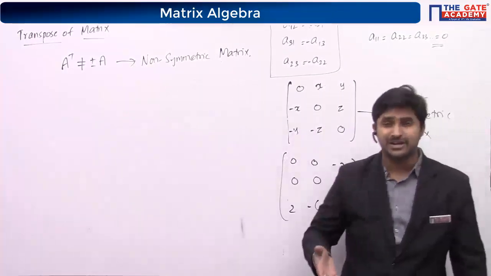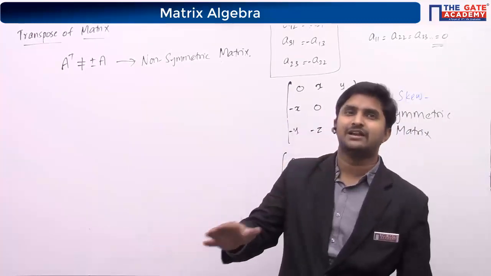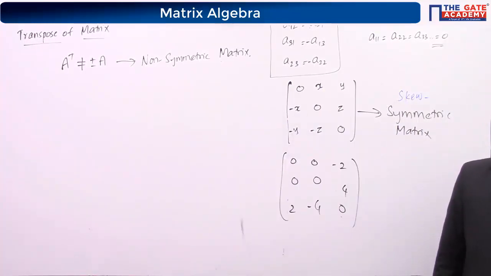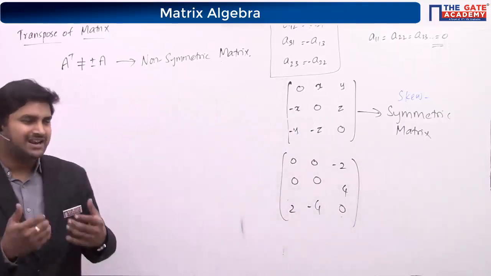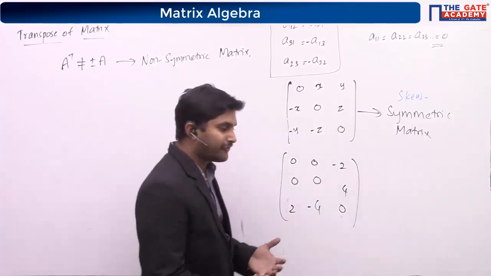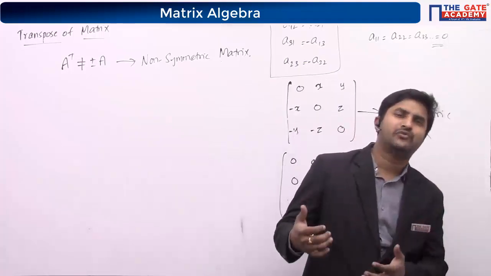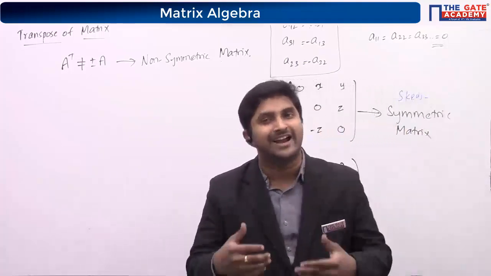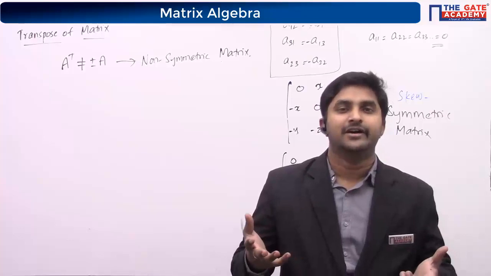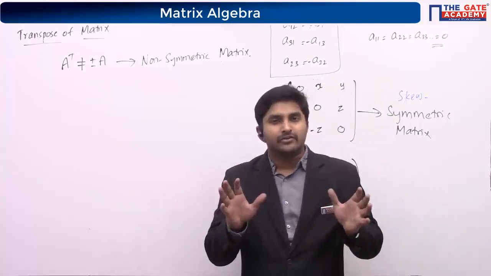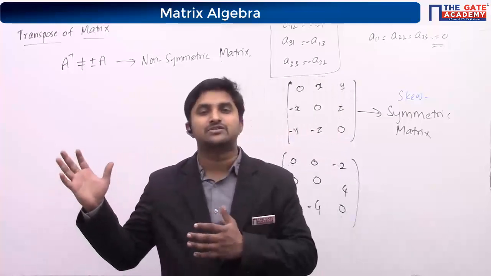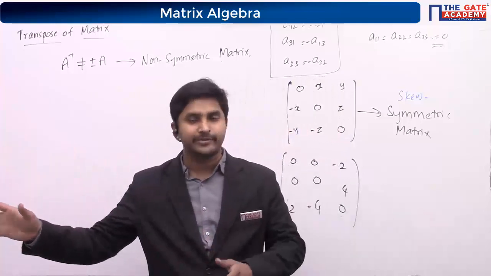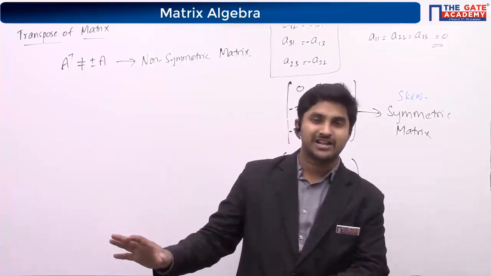When it comes to the symmetric matrix, then you will have a principal diagonal element. See, what is the significance of symmetric and skew symmetric matrices? There are some advantages. When we learn the concepts of eigenvalues and eigenvectors, we will probably understand it better, because there is a relation between the symmetric matrix and the properties of the eigenvalues and eigenvectors, and the same with the skew symmetric matrix.